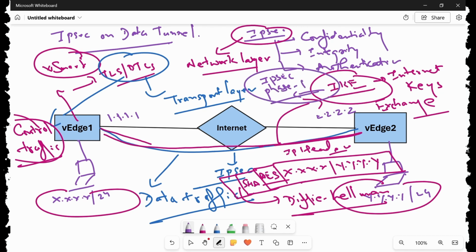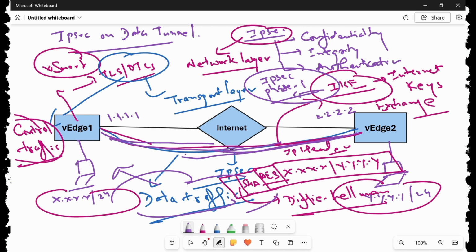The purpose of this phase 1 is to share the capabilities of vEdge1 and vEdge2 in terms of security, meaning how secure the connection is. And phase 2 is used to transfer the data traffic, to transfer the data over this IPsec tunnel.